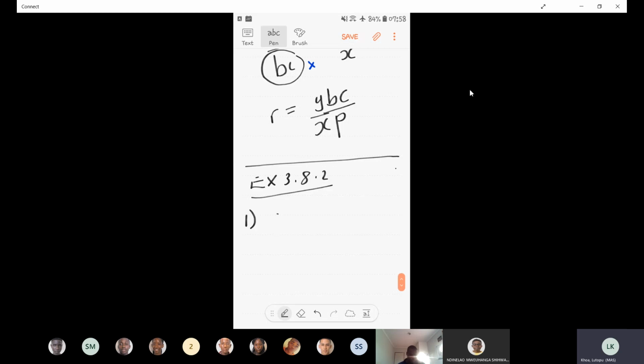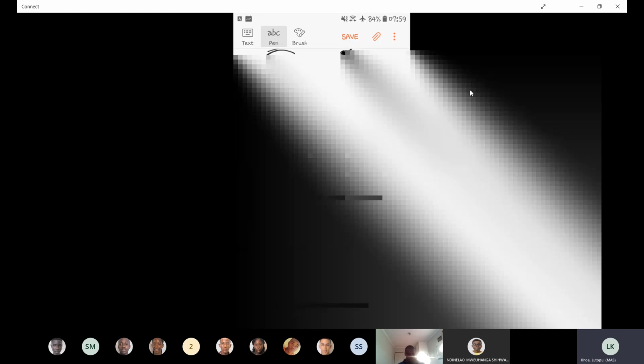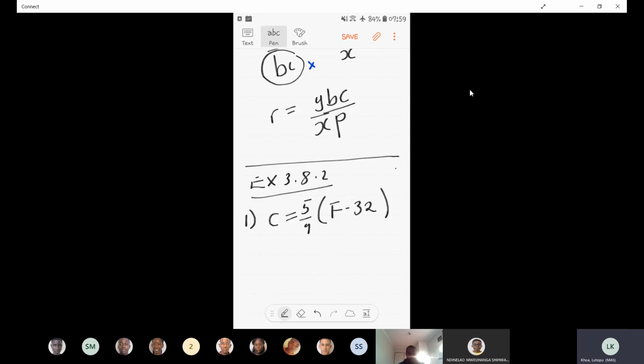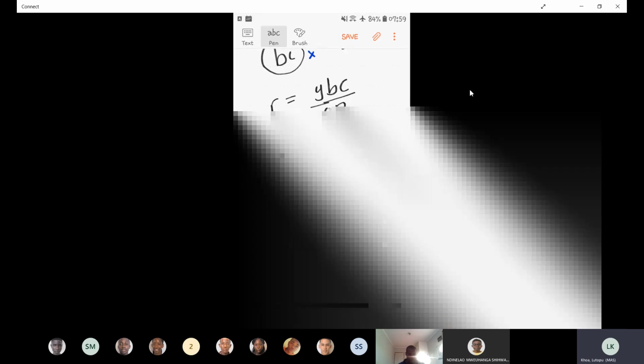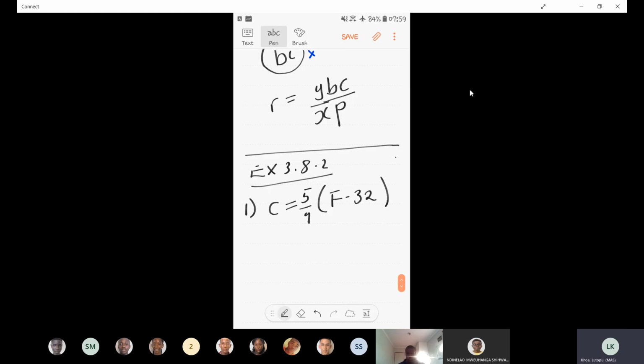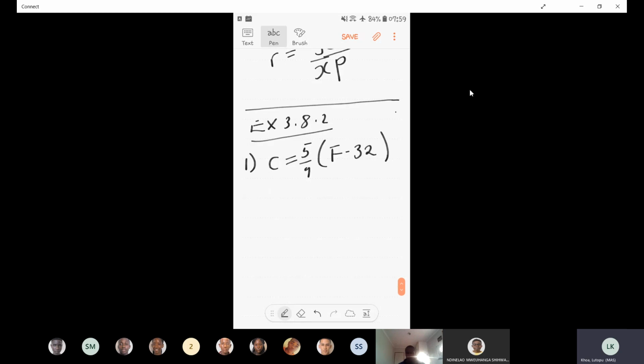We have 1, C is equal to 5 over 9, F minus 32. I hope you can recognize that this is the formula that connects degrees Celsius and degrees Fahrenheit. So if you want to change from degrees Fahrenheit to degrees Celsius, you will have to use this formula. We want to make F the subject of the formula.